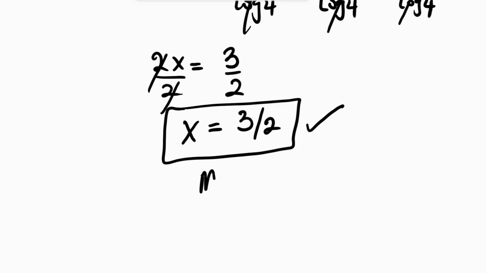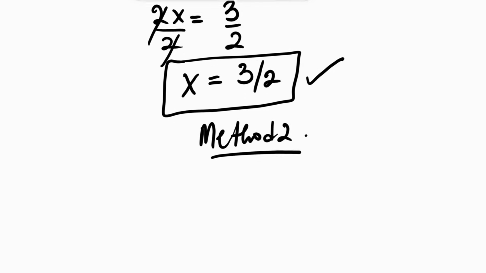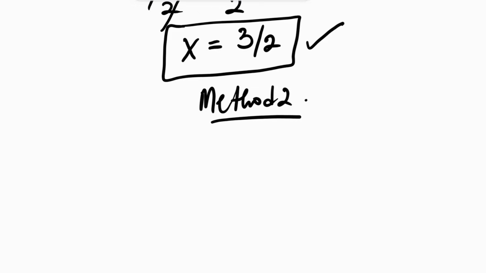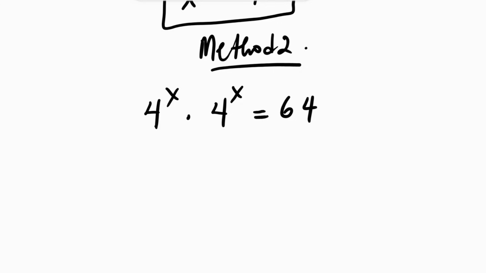Okay, so let's try a second method in solving this question. So we have 4 raised to the power x times 4 raised to the power x equals 64. Earlier, we got 4 raised to the power 2x is equal to 64.